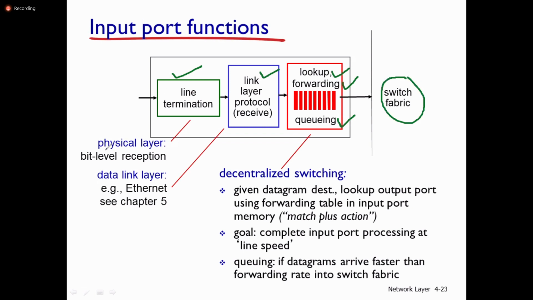Line termination is nothing but the physical layer, bit-level reception. Then the data link layer protocol means the data link layer. As I told you, every router has the physical layer, link layer and network layer.